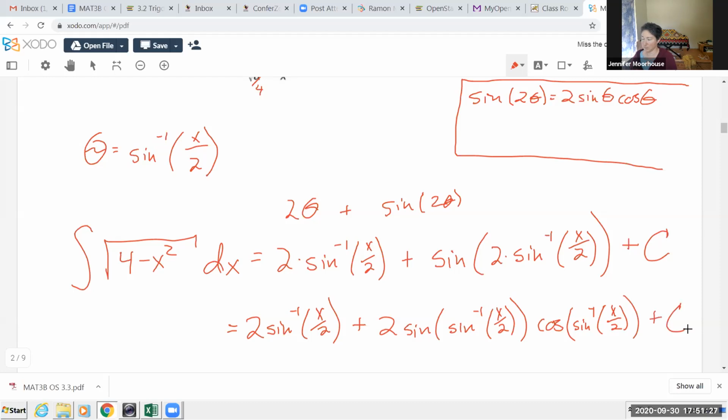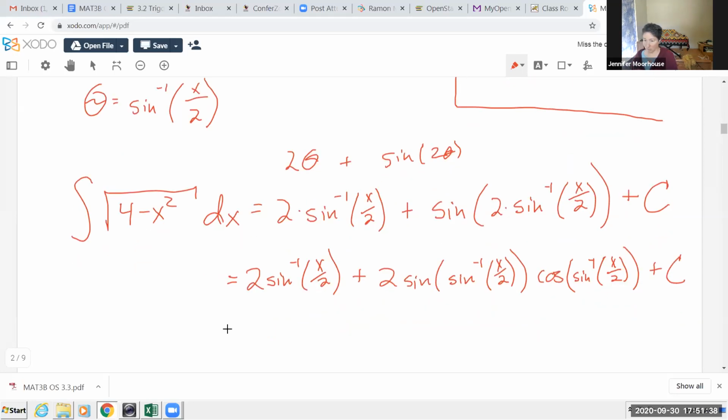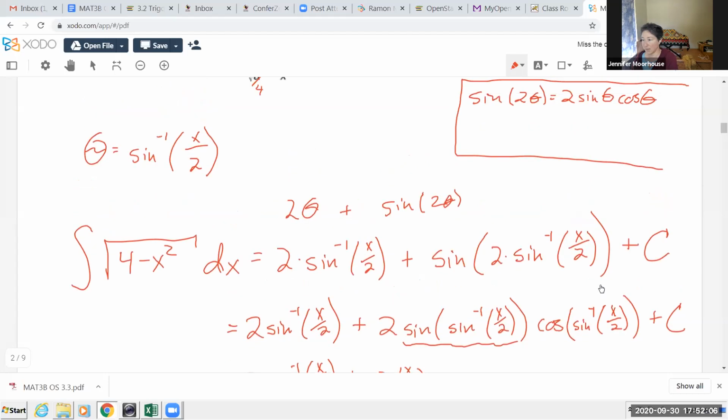plus c, and then sine of sine inverse of x over 2, that's just going to give me an x over 2, so this piece is just x over 2. Cosine of sine inverse of x over 2, that is just cosine of theta, right? Because theta is sine inverse of x over 2.